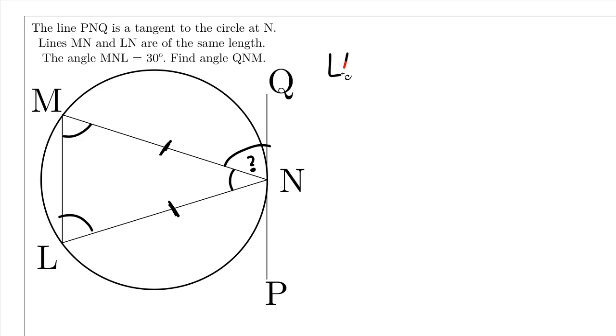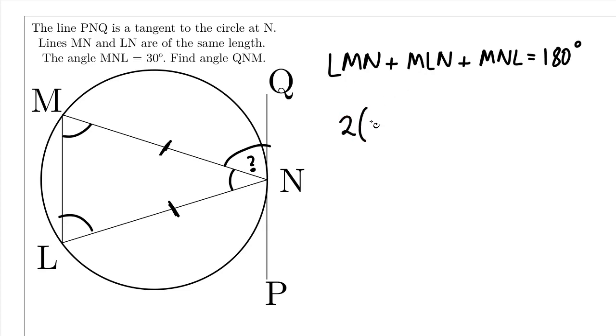So the angle LMN plus the angle MLN plus the angle MNL add up to 180 degrees. Now, we know that LMN and MLN are equal, so instead of writing LMN plus MLN, I'm going to write 2LMN. Add on to that the angle MNL, which we know is 30 degrees. That adds up to 180 degrees.